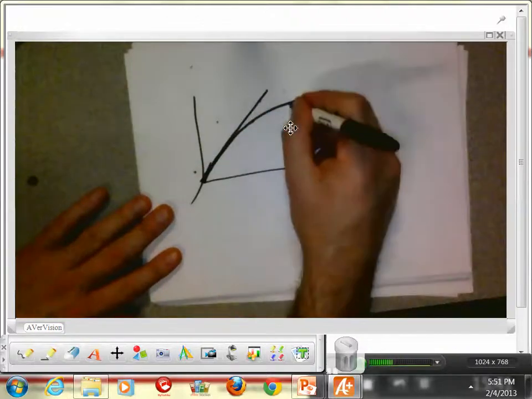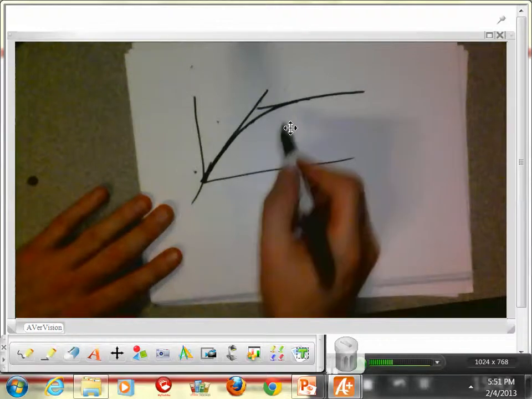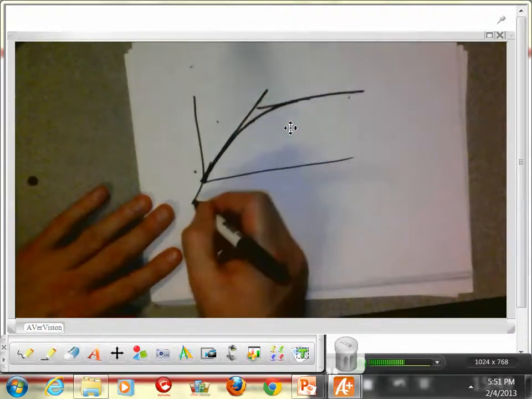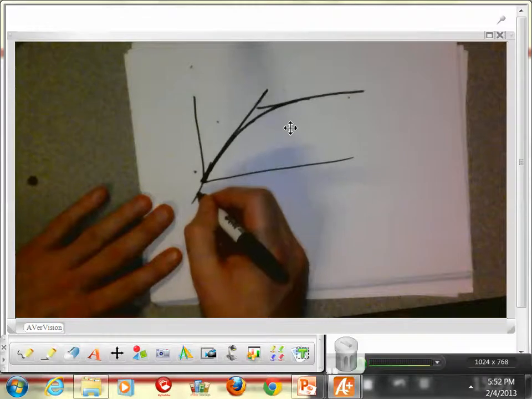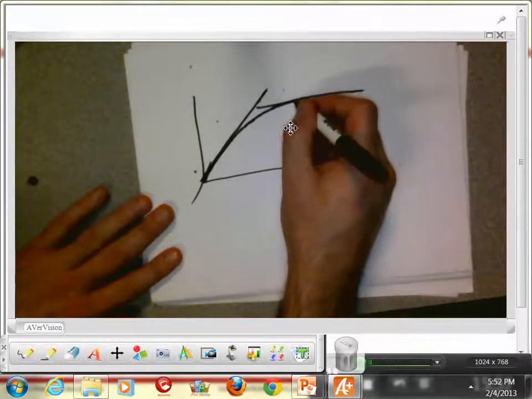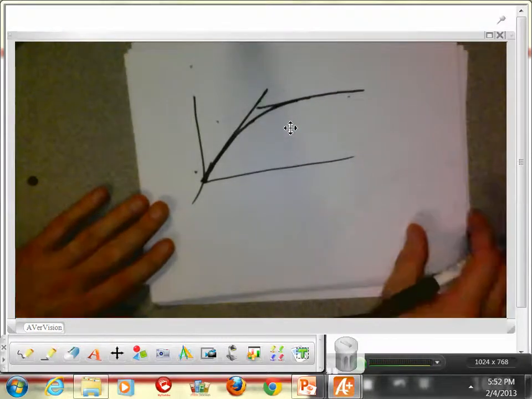That's a really steep derivative, but this derivative is almost zero. This tangent line has slope almost zero. This tangent line has a strong positive slope. So what's going on is the first derivative is decreasing, which means that the second derivative is negative. Okay? And you're going to see all this again. Good to take notes, watch the video.